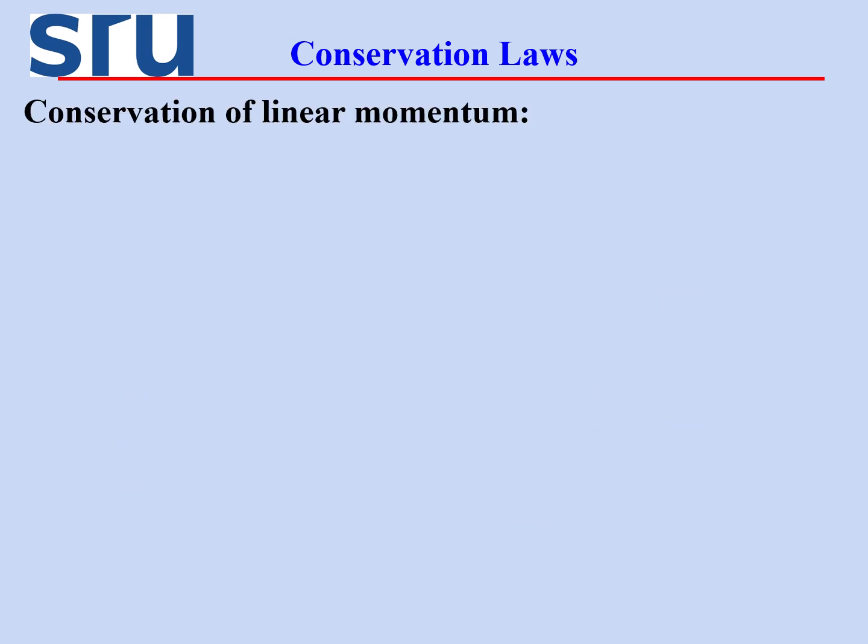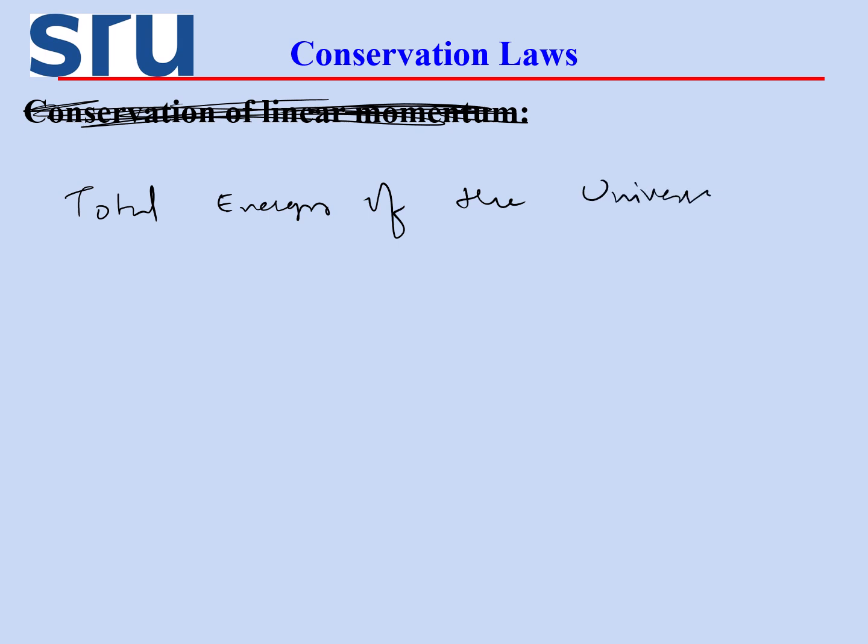So we cannot create and we cannot destroy the energy. But we can transfer the energy from one point to another point, from one form of energy to another form of energy. So the total energy of the universe is constant and conserved.